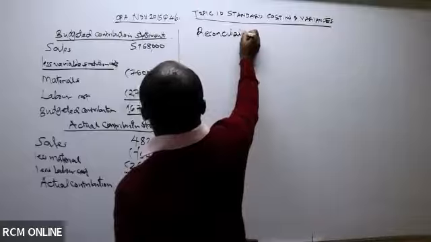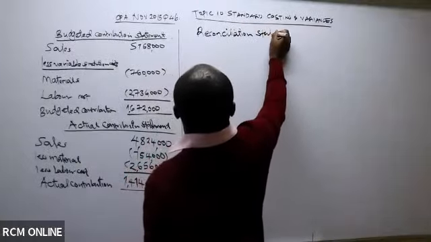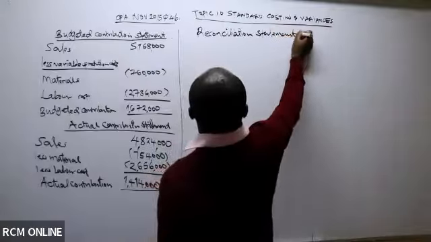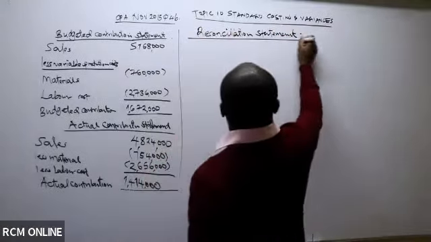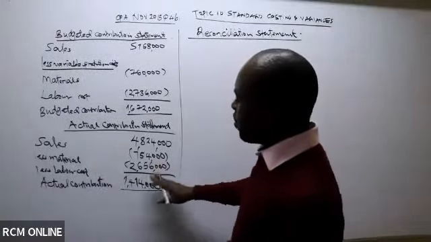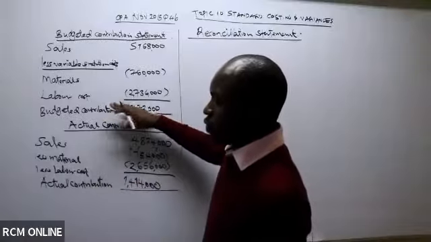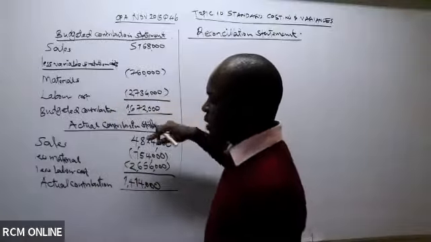Reconciliation statement. So with this reconciliation statement, we are trying to reconcile this difference. Why are we having a difference between actual contribution and budgeted contribution? Why is that different?